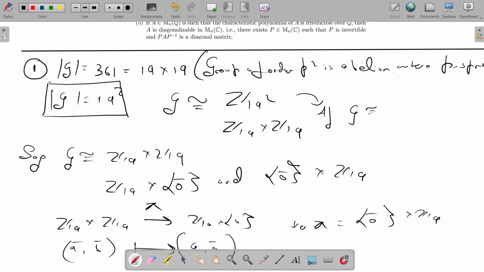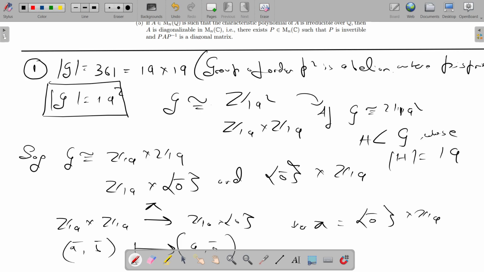Now if G is isomorphic to Z19 squared, the order of G is 19 squared. Using Cauchy's theorem or Sylow, we can say that there will exist a subgroup H of G whose order is 19.